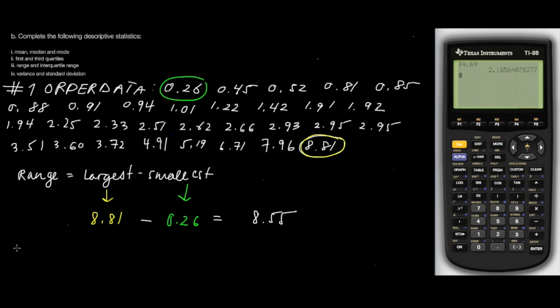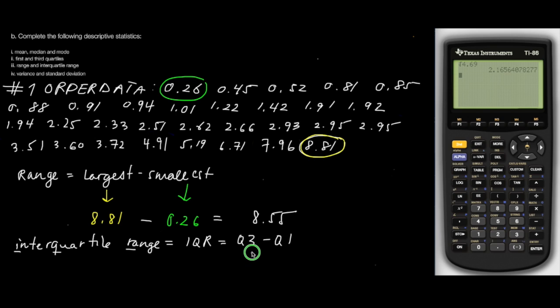And we'll go ahead and do the interquartile range. Okay, it's quite the mouthful. So interquartile range, otherwise known as IQR. Okay, so we have here interquartile range, IQR, and this is simply Q3 minus Q1.